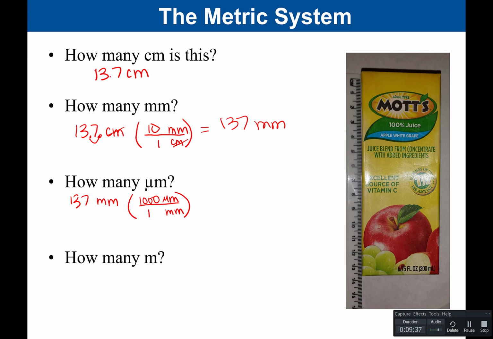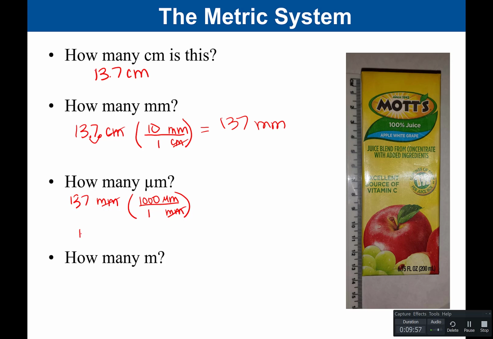So notice we're going to cross out our millimeters. We have 137 times 1,000 because the number's on the top. So 137 times 1,000. Is my number going to get larger or smaller? Answer is if I'm multiplying by 1,000, it's going to get larger.